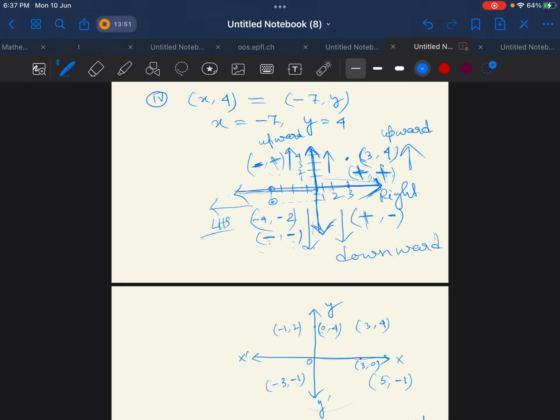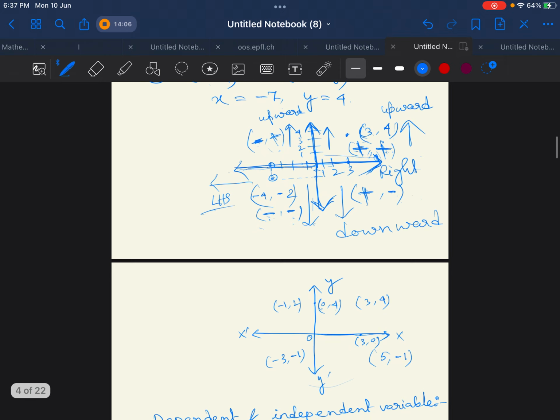In the fourth quadrant we get the right hand side of the x axis, so the value of x is always positive, and this is the downward side of the y axis, so the value of y is always negative.